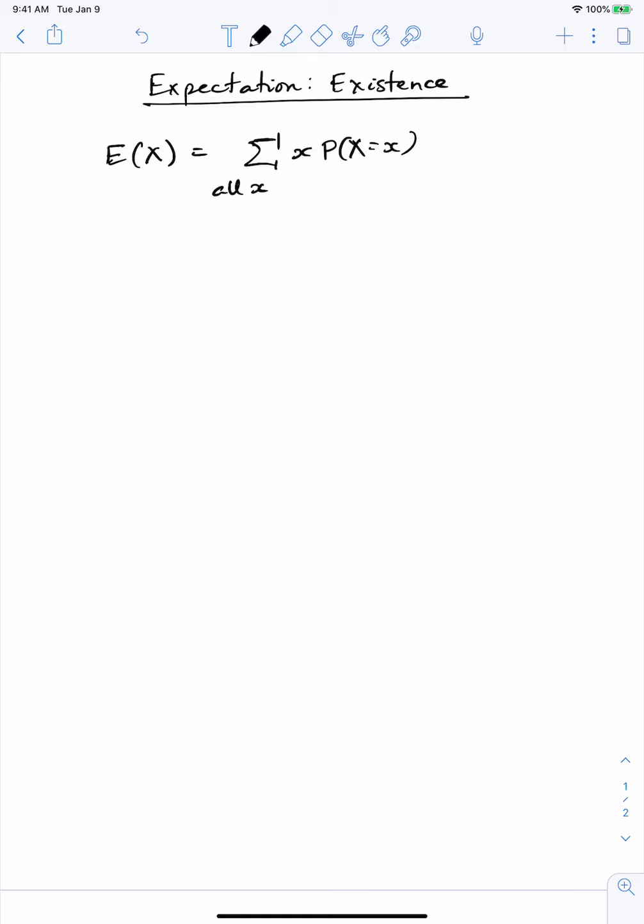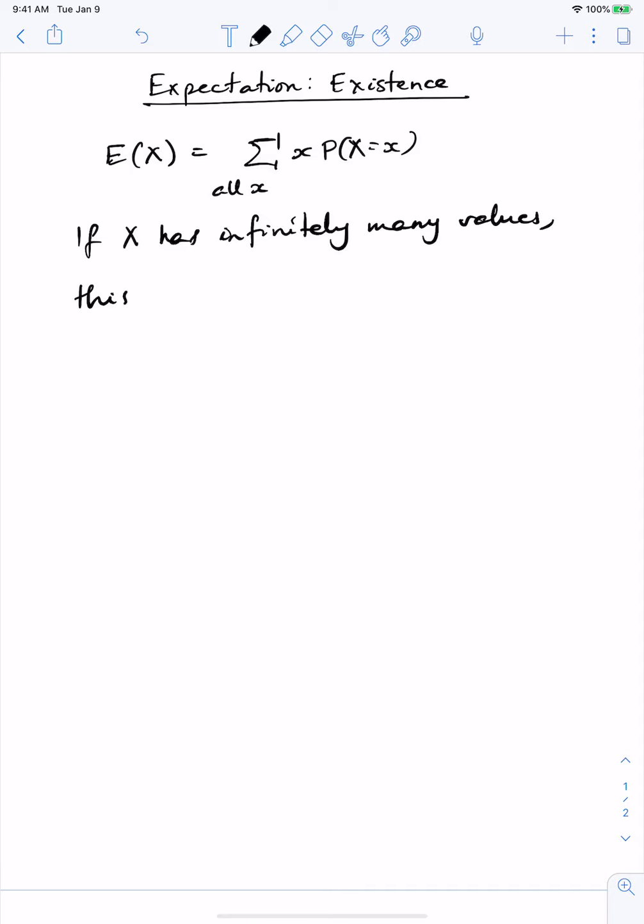We should be a little careful about our definition of expectation in the case when x has infinitely many values, because then we have an infinite sum, and those aren't always well defined.